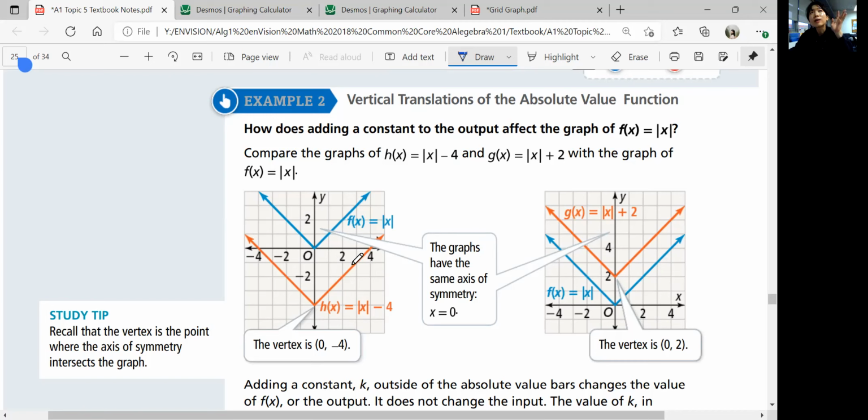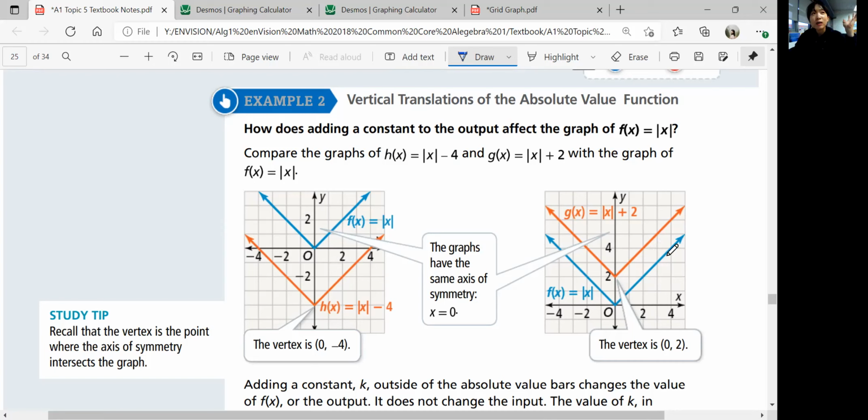But from here, you subtract 4 in the equation, and that's a vertical translation, 4 units down. You add 2, it's 2 units up. You see that? We did a similar one in the transformation lesson. It's the same for absolute value.